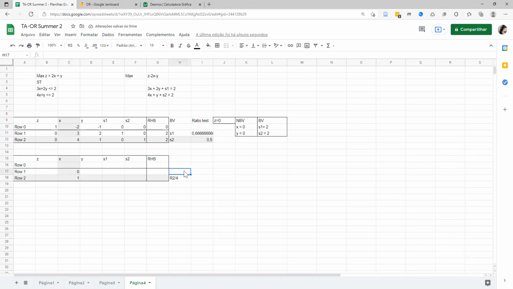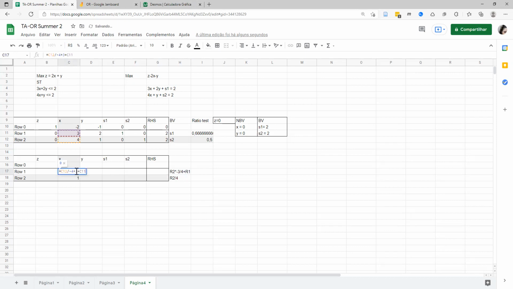So I can multiply R2, that is always our pivot row, the one we use for any multiplication or division. I can multiply by negative 3/4 and sum to our row 1.